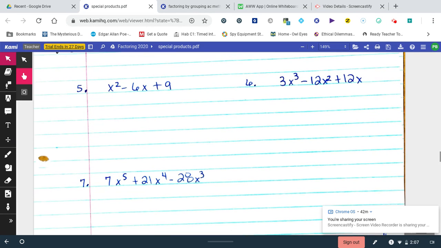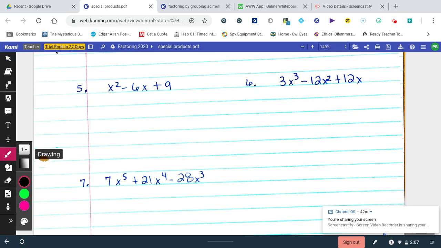Okay, let's look at 5. You look at 5, no GCF amongst all 3 of those terms. So I'm just going to proceed with factoring this the way I would factor a perfect square trinomial. The square root of x squared is x. The square root of 9 is 3. My middle sign is a minus, okay?